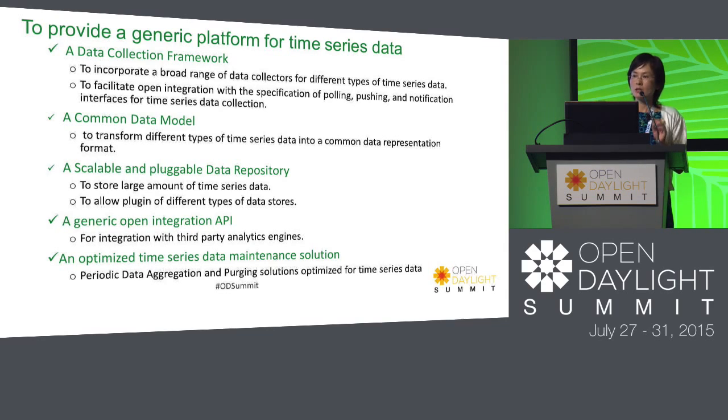And in Lithium, we have achieved both HBase and H2, which is a relational embedded, lightweight data store, to implement this architecture. And Shurong is working on a Cassandra plugin as well. So we believe this would be helpful for us to go with different ODL use cases.